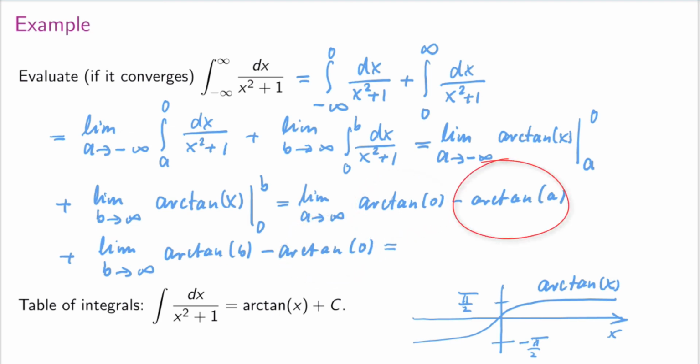And then as a goes to minus infinity, arctan a goes to minus pi over 2, with a minus sign in front. And then the b term, as b goes to infinity, arctan goes to pi over 2. So together with the two minus signs there is a plus, so we get pi half plus pi half, so the result is equal to pi.